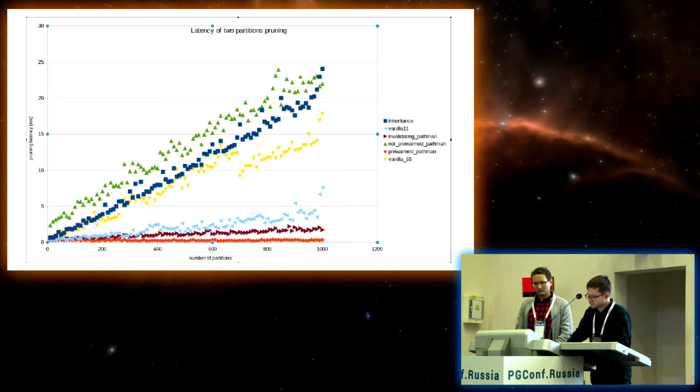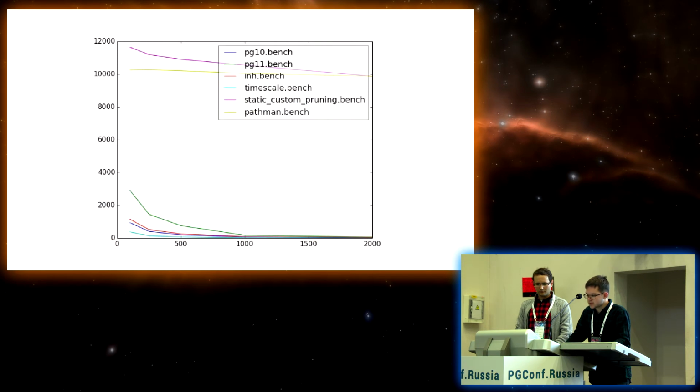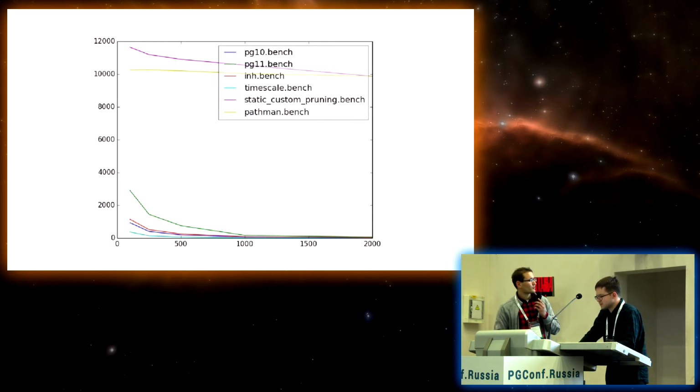And we can see that PG11 goes neck to neck with Pathman, both warmed up and non-warmed up, and all the others are somewhere high. We increase the number of partitions and see that the response time increases heavily as well. This chart is not really successful.